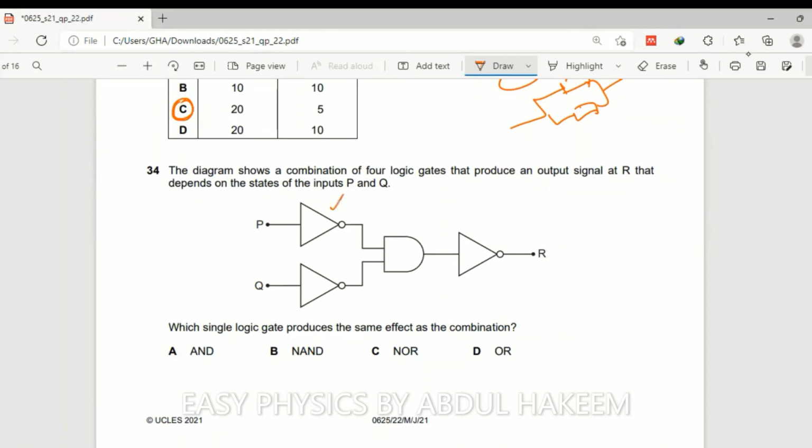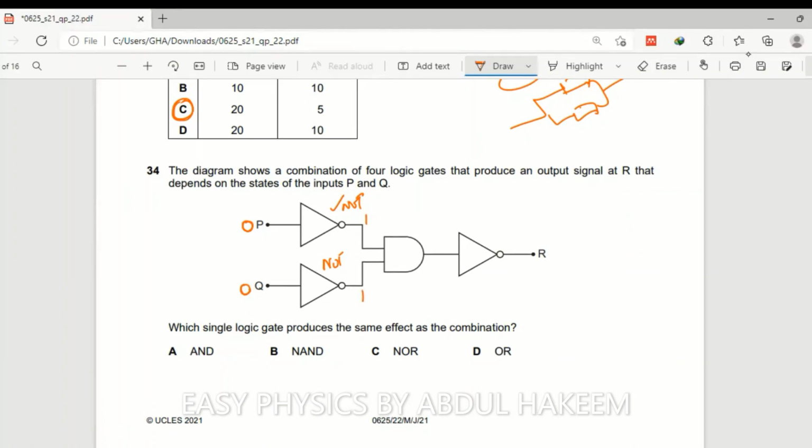This one, this is a NOT gate, this is NOT. And suppose here, this is the signal, 0, 0. Then here it becomes 1 and it becomes 1.